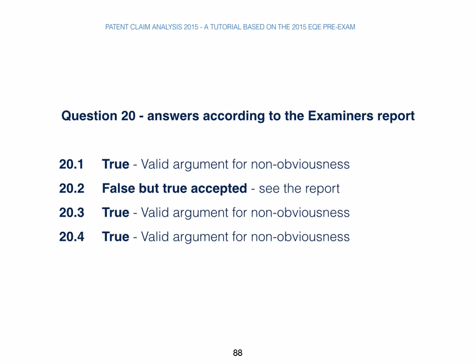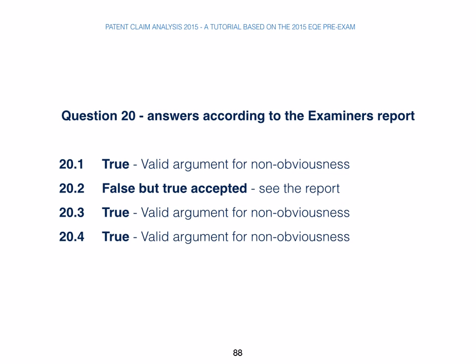So for question 20, 20.1 is true. This is a valid argument for non-obviousness. For 20.2, the examiner said that the answer is false, but exceptionally, they also accepted a true answer for that, and we'll have to look at their report to see about that. 20.3 is true.